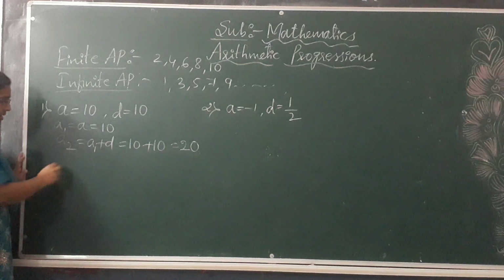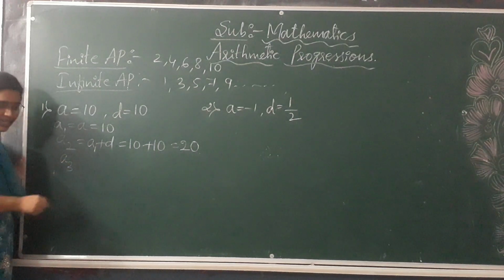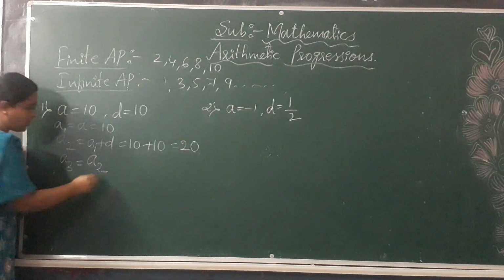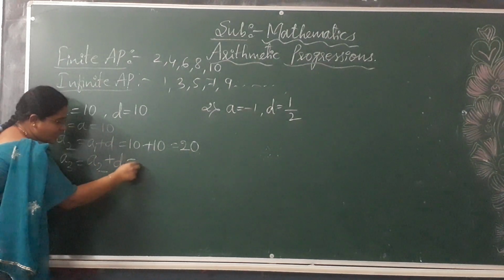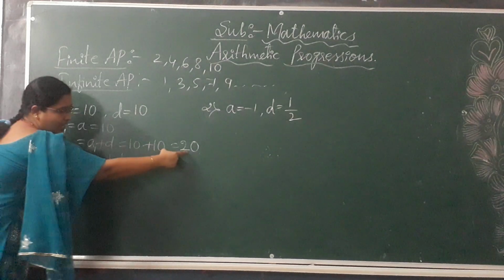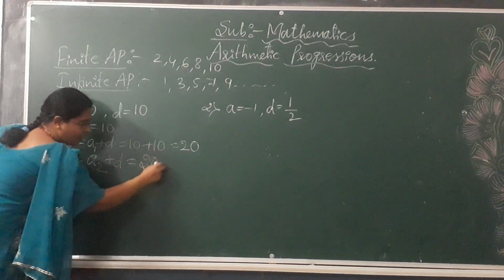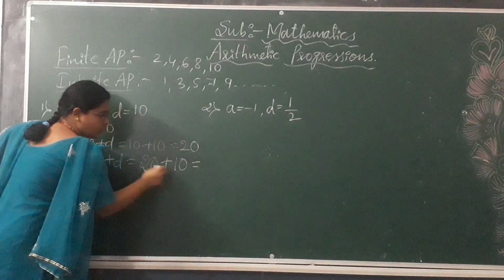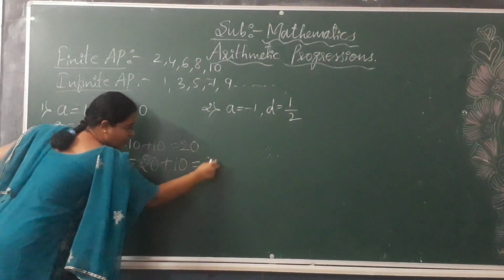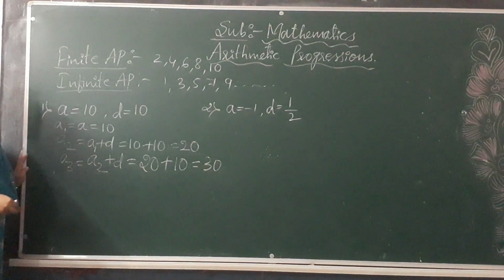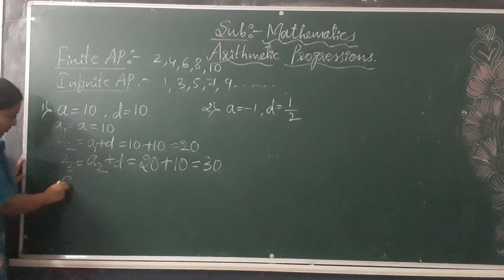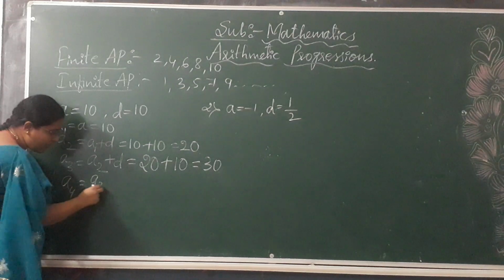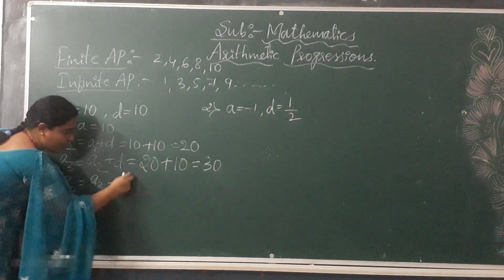And the third term also we have to find. A3 is equal to second term A2 plus common difference d. A2 we already got, that is 20, plus common difference d is 10. Add these two, 20 plus 10 equals 30. Like this only we have to find the fourth term. A4 is equal to third term A3 plus common difference d.